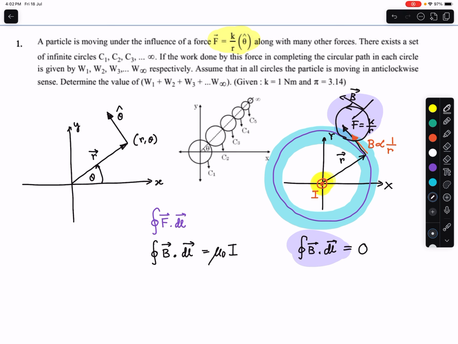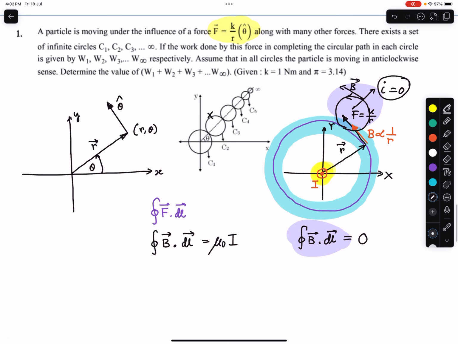Current crossing this loop is equal to 0. And it is the same for all these circles. See? Suppose you compare it with the line integral of magnetic field and apply Ampere's law, integral B dot dl is 0 for this, 0 for this, 0 for this and 0 for everything else. Only there will be this integral around this circle.